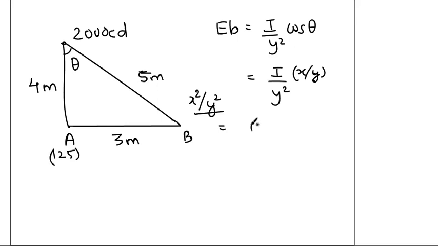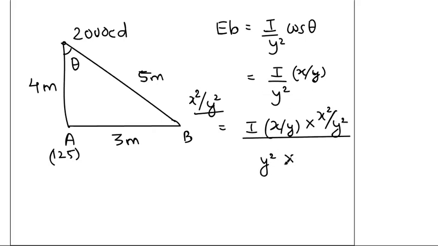So what will I get? In the numerator I have I into x by y into x square divided by y square, whole divided by the denominator y square into x square divided by y square. Here y square gets cancelled, and the equation becomes I into (x by y) the whole cube divided by x square.